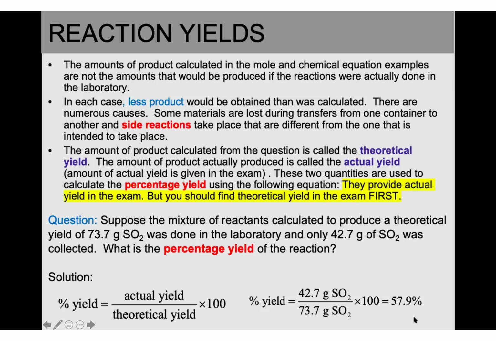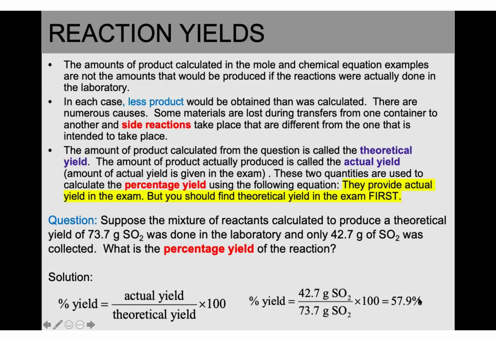So for sure, whoever did this experiment in the laboratory did not do a good job, because we want to be as close as possible to 100%. If, for example, you do it in the lab and you get closer to 73.7, for sure you will have an answer closer to 100.